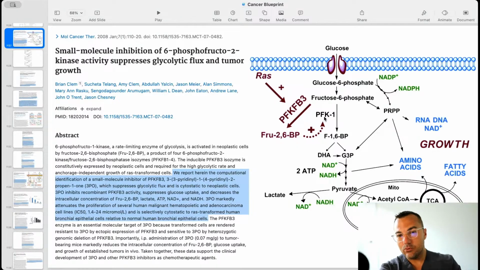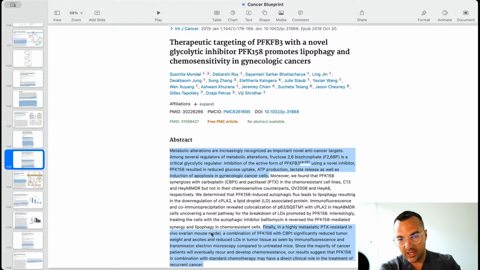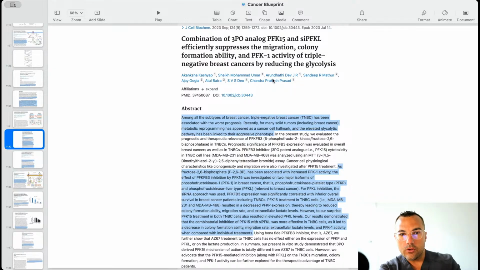And so they saw that even though they gave PFK15, the inhibitor of this enzyme, and it had an effect, the kind of salvage pathway was activated, and therefore PFKL was upregulated. And so they used another medication. They used this SI-PFKL, right?